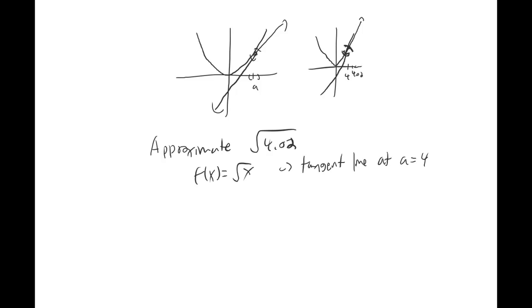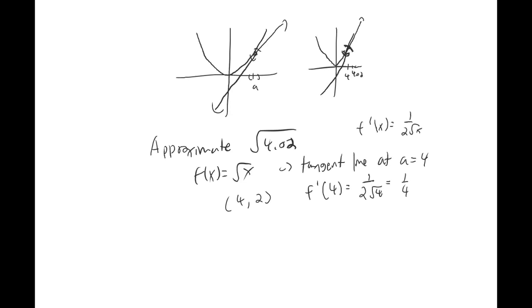What's the tangent line? It passes through the point (4, 2). And what's the slope of the tangent line? The slope is f prime of 4. What is f prime of x? F prime of x is 1 over 2 root x, so 1 over 2 root 4, that's 1/4, right?